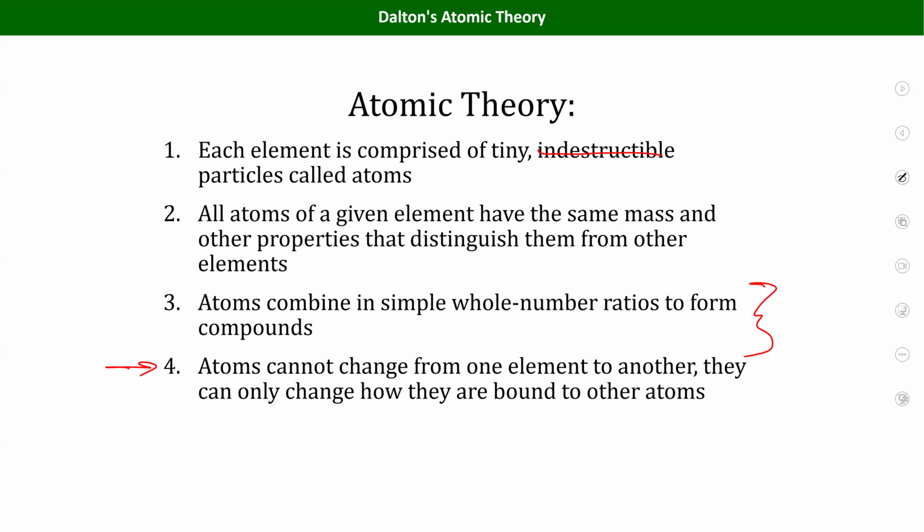They would just say, well, water is 2 grams of hydrogen for every 16 grams of oxygen. But what Dalton added was that those 2 grams were 2 hydrogen atoms and 1 oxygen atom. And I say grams, they're really much smaller than that. We'll talk about how we count atoms in a little bit. But the reason that the law of definite proportions existed was because we were combining them in these whole number ratios.